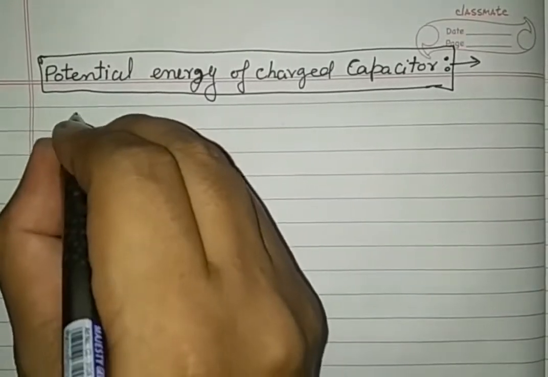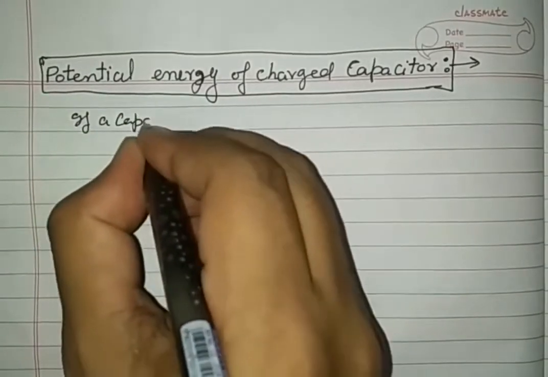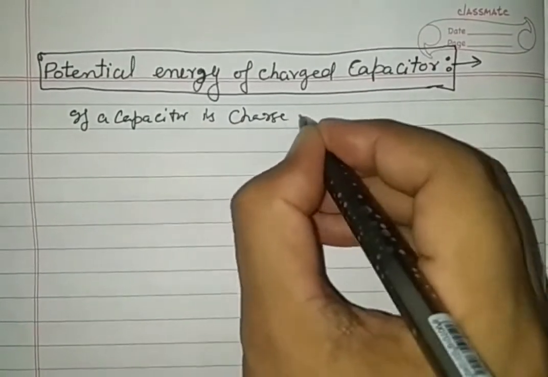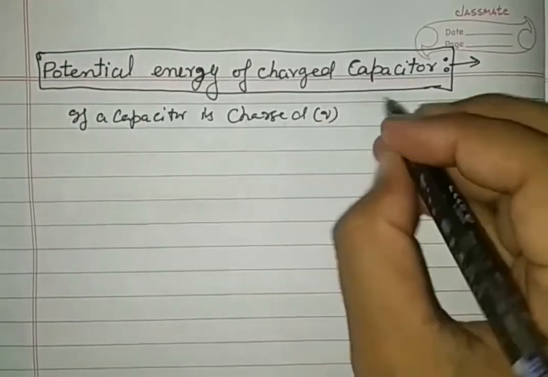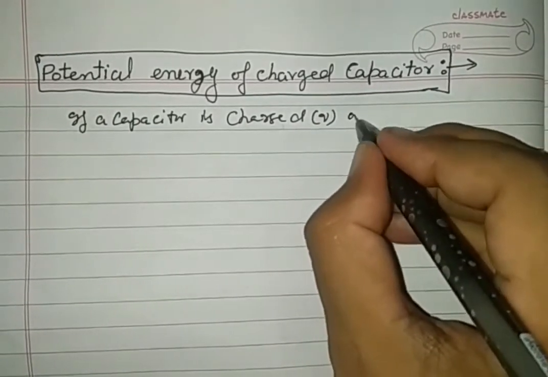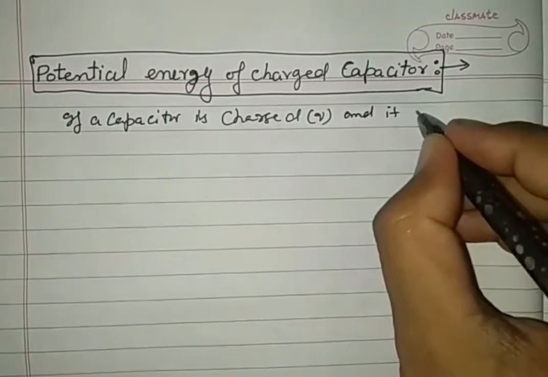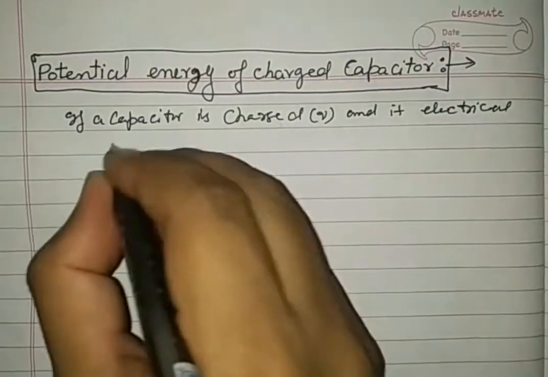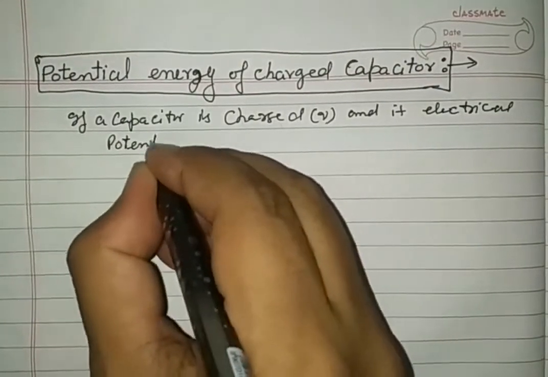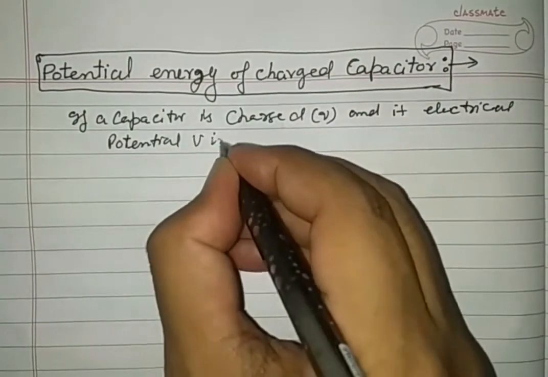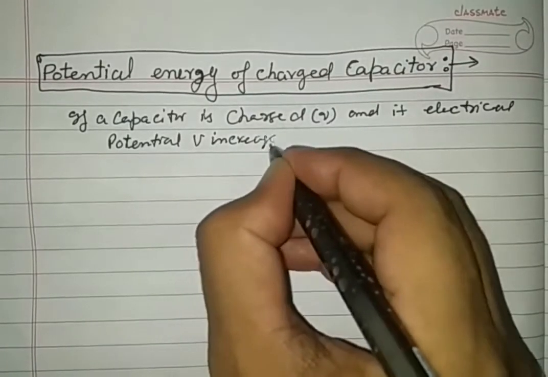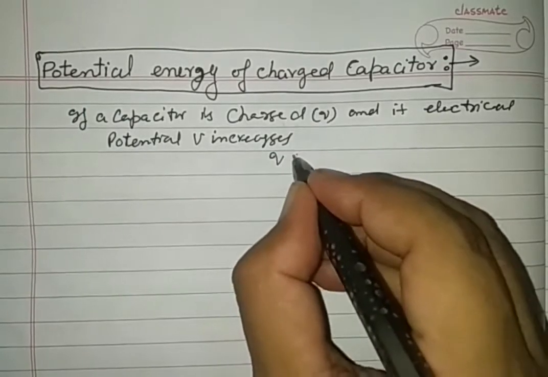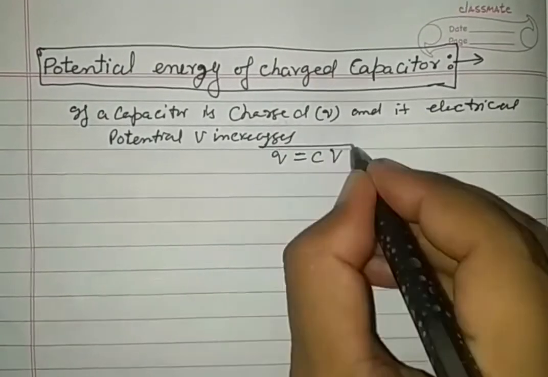See, one thing is important: if a capacitor is charged, then its electrical potential V increases, and this is by the relation Q is equal to CV.